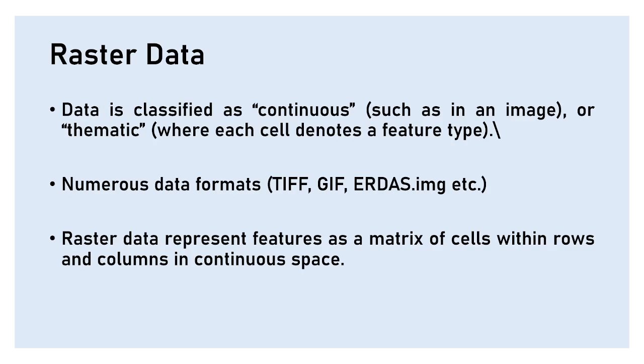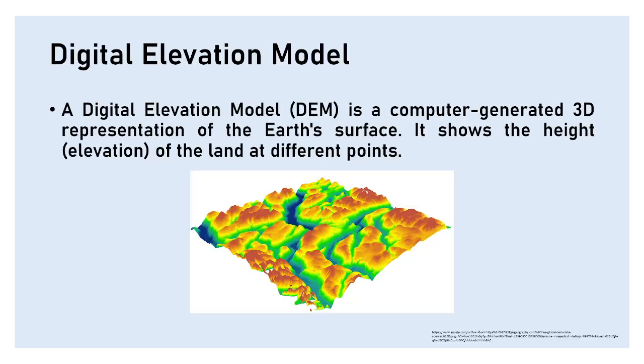It's kind of like an animated image. Then we have the JPG, PNG, all these numerous data formats are there for the raster data. So as I said, it represents features as a matrix of cells within rows and columns in a continuous space.